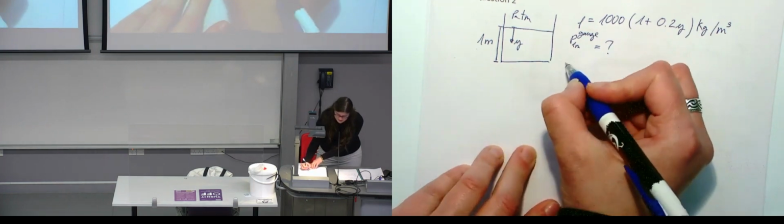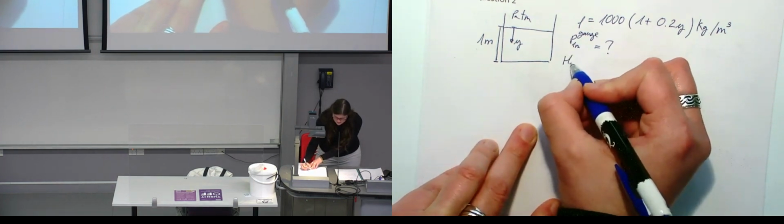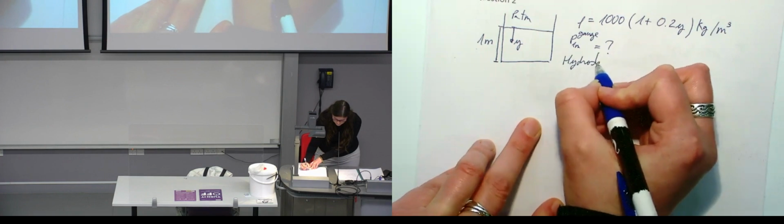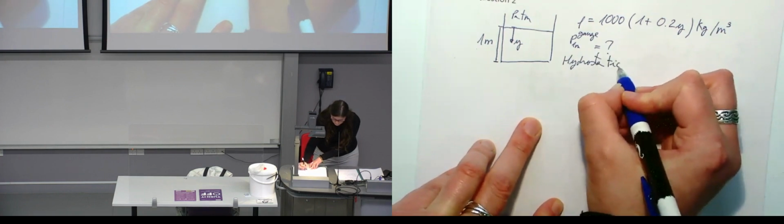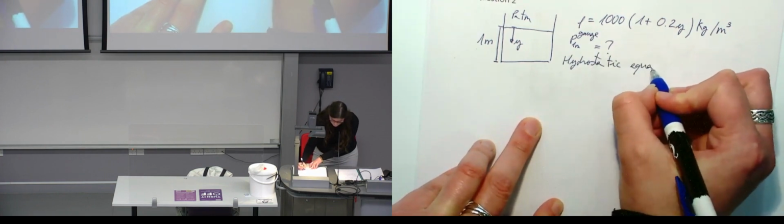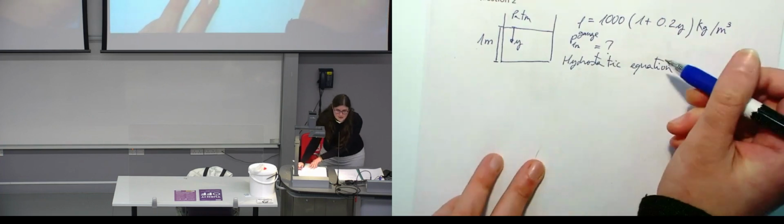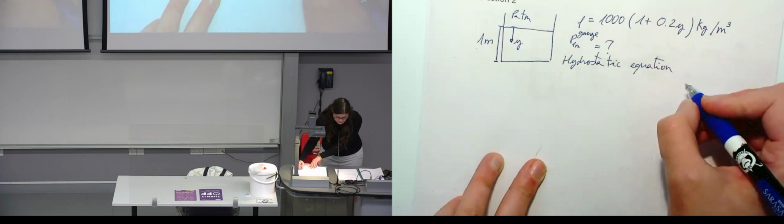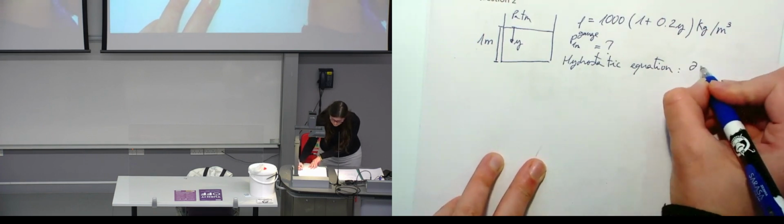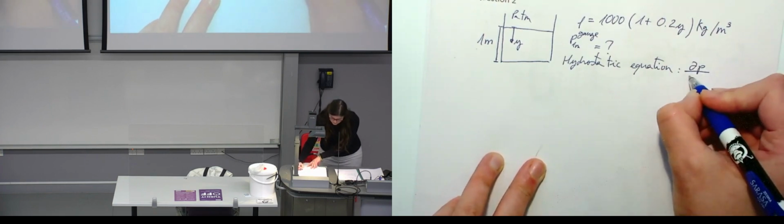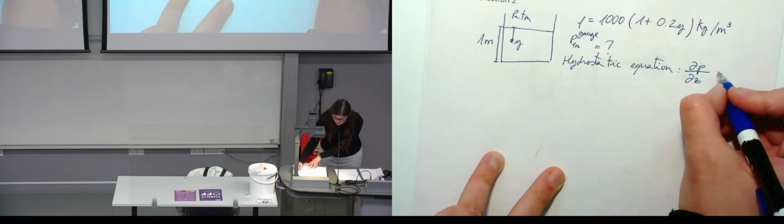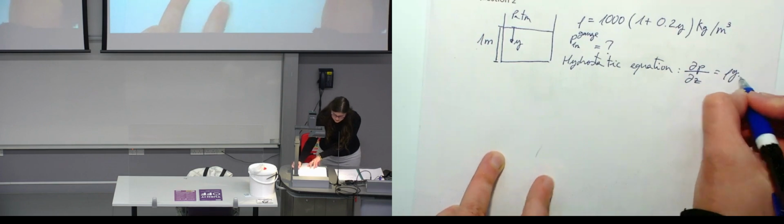So then we know that the hydrostatic equation, for when the pressure is not constant, is partial of pressure divided by partial of depth equals rho g.